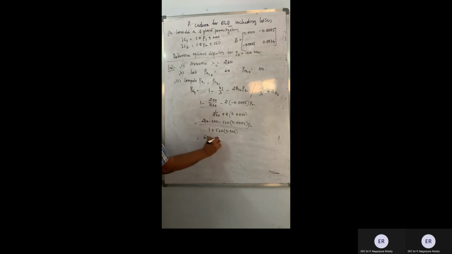60 plus 0.2632 by, this is going to be 1.5.